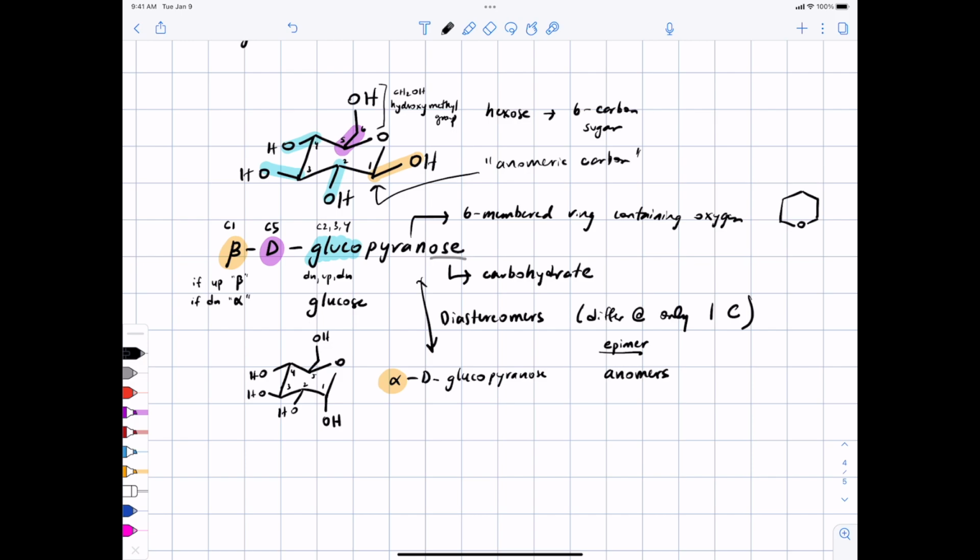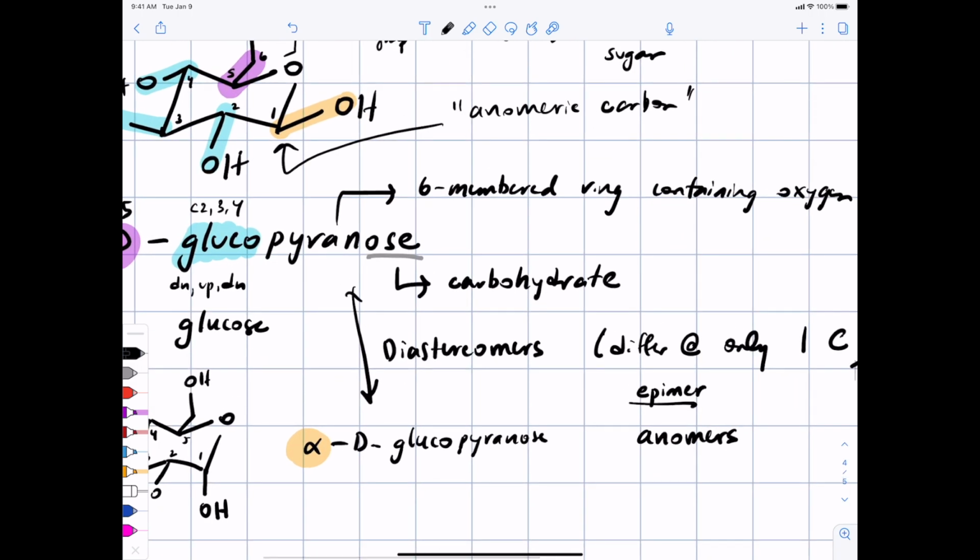People will call alpha-D-glucopyranose the alpha anomer or the alpha diastereomer, the alpha epimer. All of those you can use interchangeably. The anomeric carbon is the hemiacetal, or in this case it's a hemiacetal, but in other carbohydrates it might be an acetal carbon, but it's the one that would have been an aldehyde or a ketone in an open chain form.